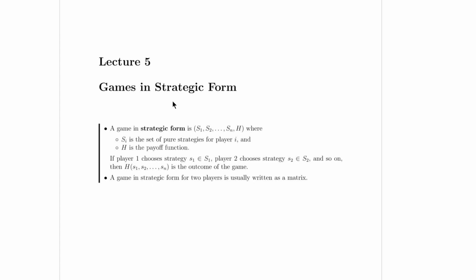Now, the key idea of this way to represent a game is that maybe we don't really care what's going on within the game. We only care about the strategy that Alice and Bob use, and then we only care about the outcome of that game. So when we write a game in strategic form for two players, it's going to be a matrix.